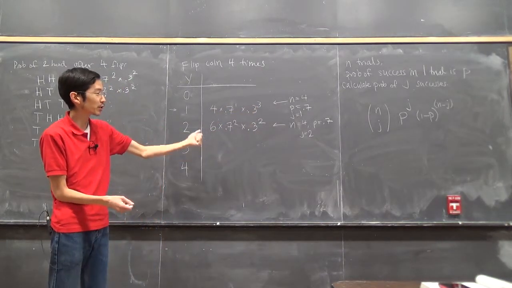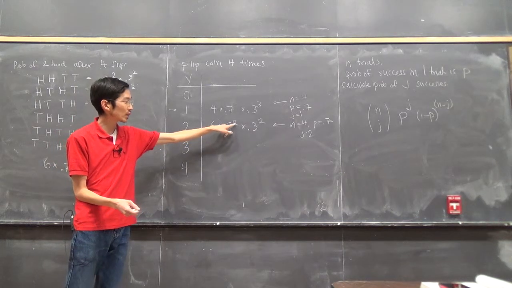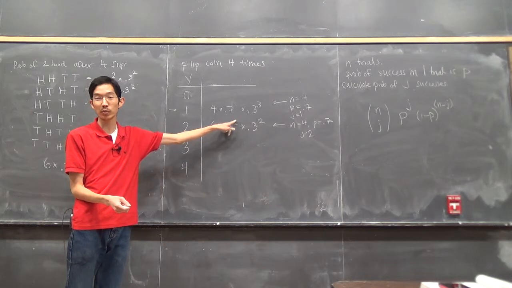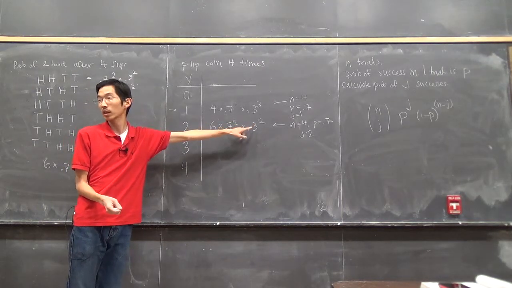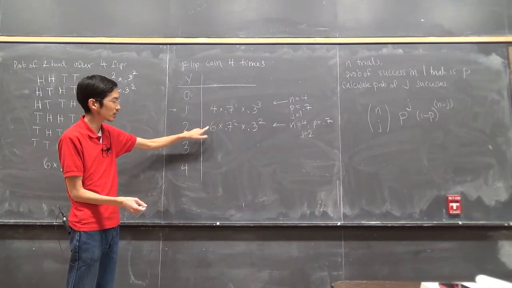If I flip the coin 4 times and I'm looking for 2 heads, then I would get heads twice and tails twice, and the probability of heads is 0.7, so 0.7 twice times the probability of tails, 0.3 twice. And the only thing that's different is that this first number is 4 and over here it's 6.